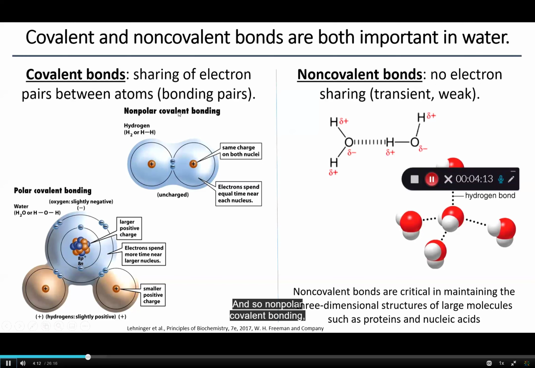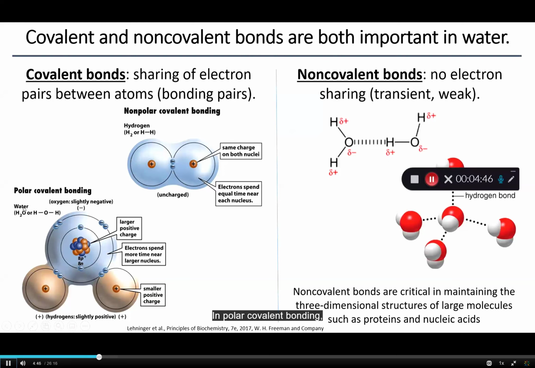Non-polar covalent bonding, which is not the case with water but is the case with other molecules, such as nitrogen in its gaseous form, N2, is where the nuclei contain the same charge, and the electrons are shared between them. Because they are bonded together, the electrons spend equal amounts of time near each of these central nuclei.